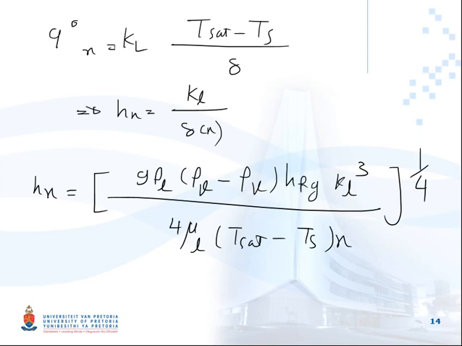And after that, h average is equal to 1 over L integral from 0 to L of h x dx.